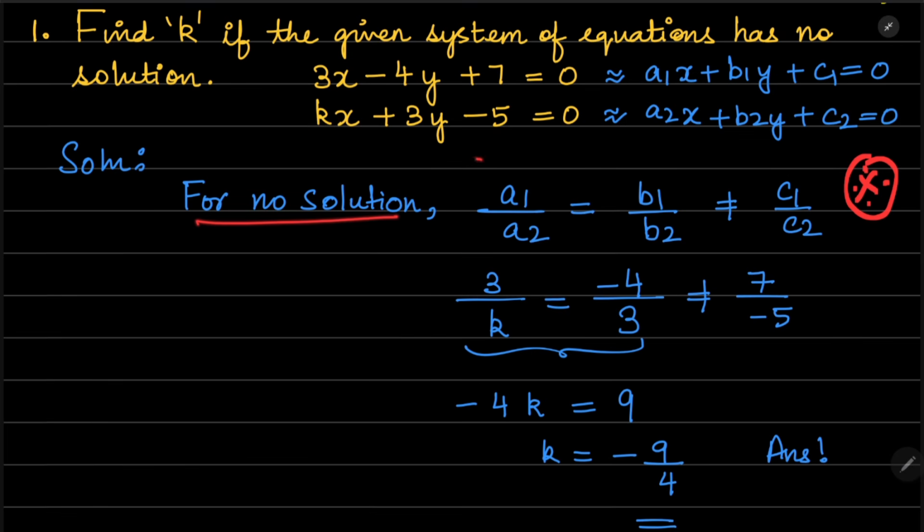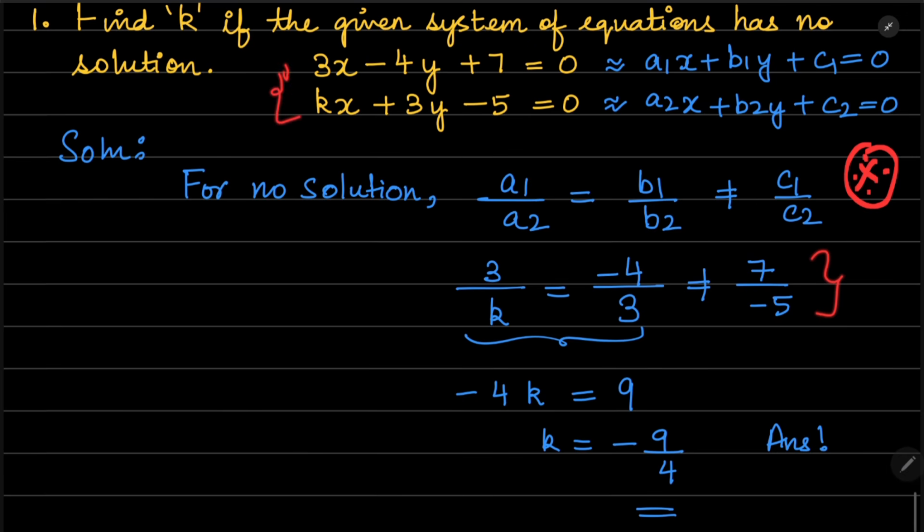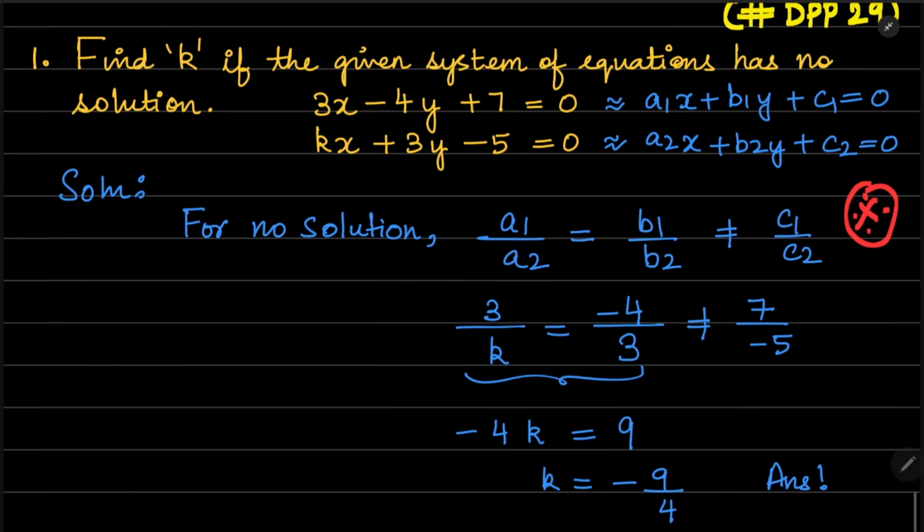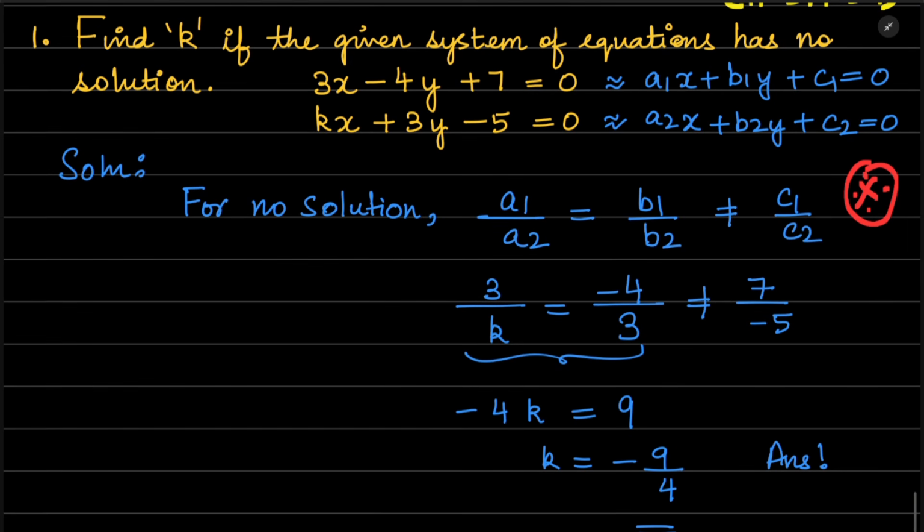You have to write that for no solution, this is the condition. Then replace a1, a2, b1, b2, c1, c2 with the values as per your linear equations and then solve for k. If you have understood this, please pause the video and try the next question. If you still did not understand, I'm sure you will understand in the next question.